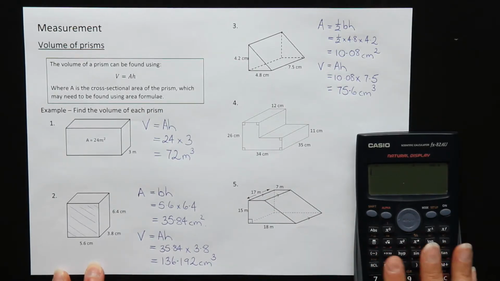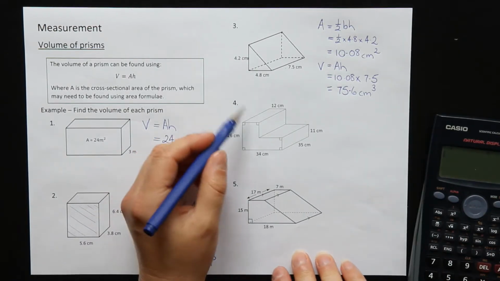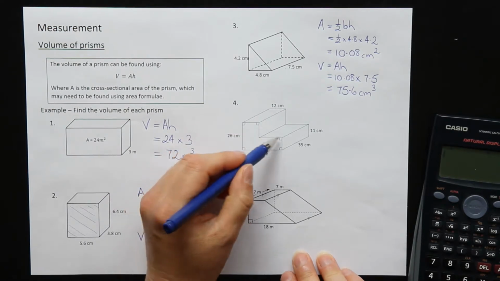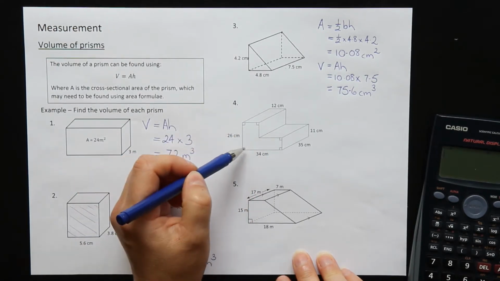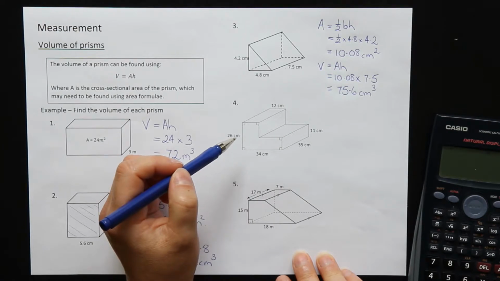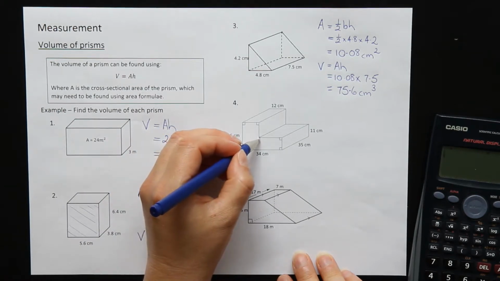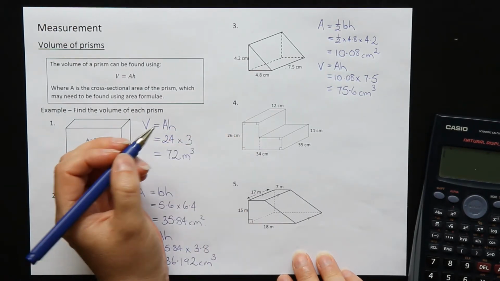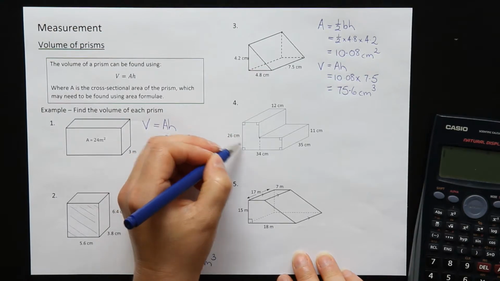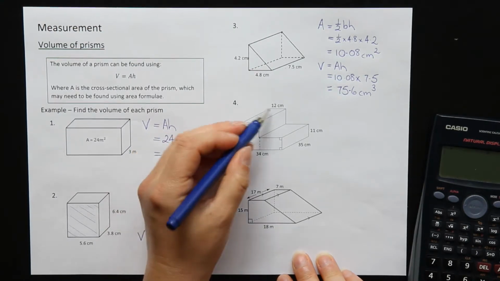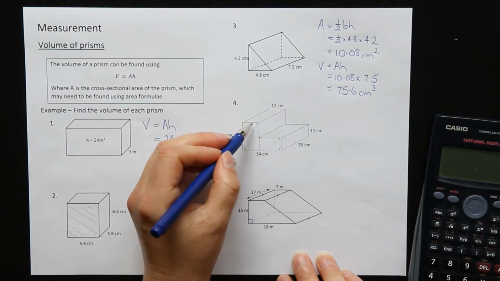Alright, in question 4, making it a little bit more complicated because this is not just one shape, this area here. I will need to cut that into 2 shapes to find the area. So what I might do is cut it down here to get 2 rectangles. This rectangle here is 26 by 12, okay, so we've got those dimensions.